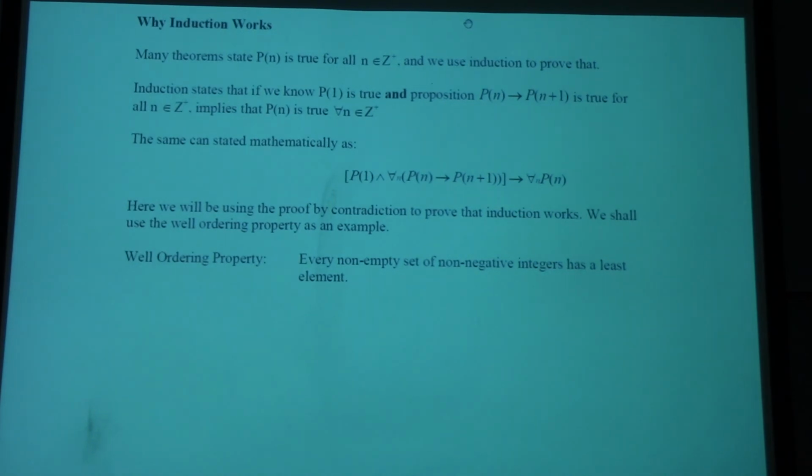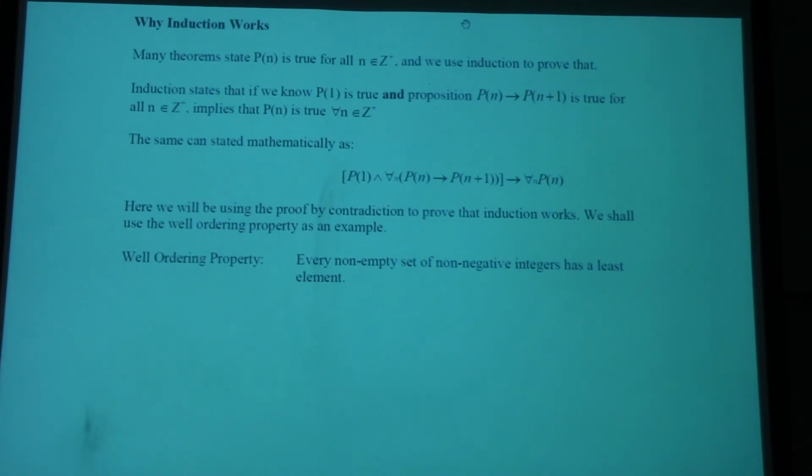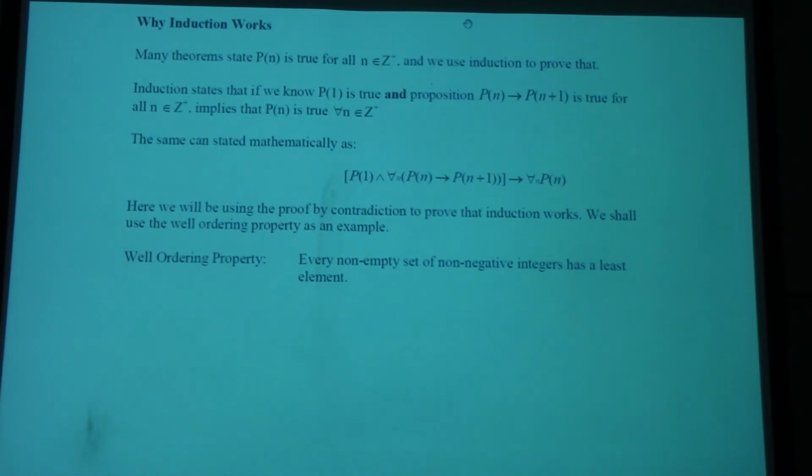If a set is non-empty and it has non-negative integers, that means 0, 1, 2, 3, 4, 5, then it has a least element. What's the smallest least element? 0. But if 0 is not in it, what's the next possible least element? What if 0, 1, 2, 3, 4, 5 are not in it? 6 could be there. So basically, now we can't have negatives because we're saying it's going to be non-negative integers, just so it can go in one direction, so we don't have two infinity directions. So every non-empty set of non-negative integers has a least element.